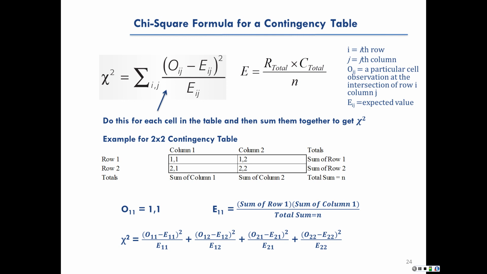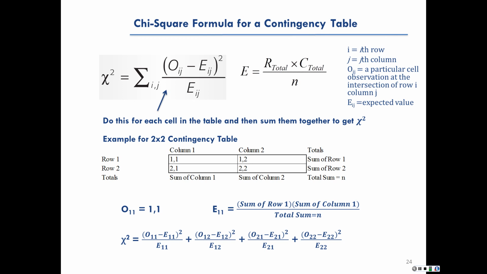The expected value for a given cell is equal to the row total, the sum of the row, multiplied by the column total, the sum of the particular column that cell falls into, and then divided by the total n, which is the sample size that you would find in the bottom far right-hand total of the table.